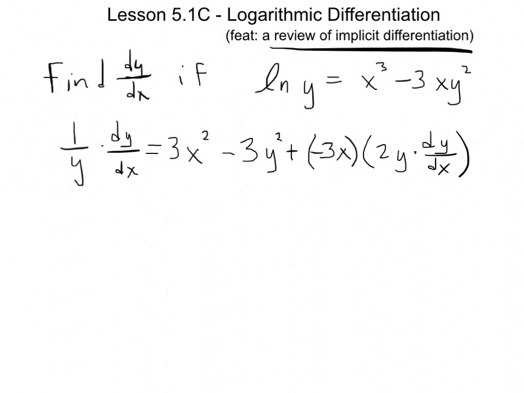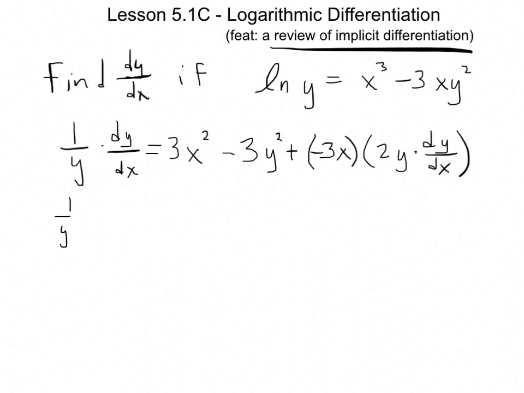Now we just need to answer the question. The question wanted me to find dy/dx, which means I need to move all the dy/dx's to one side and all of the not dy/dx to the other side. So I'm going to basically move this term to the other side.